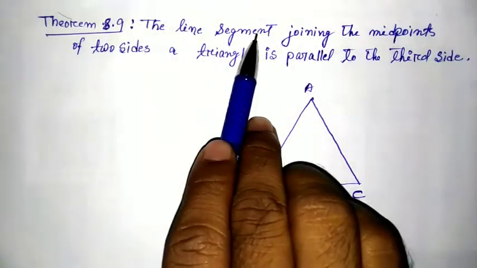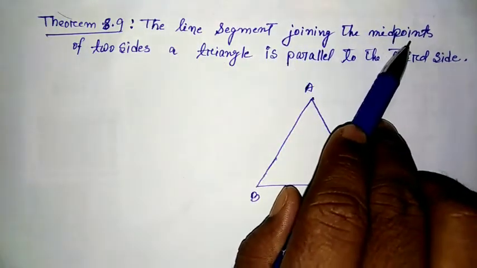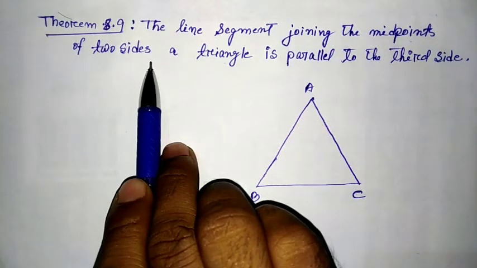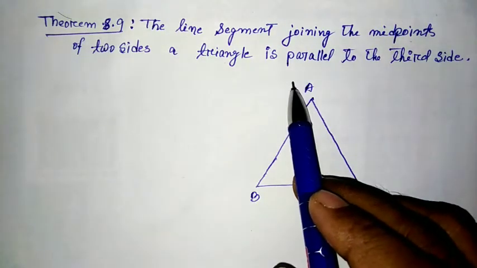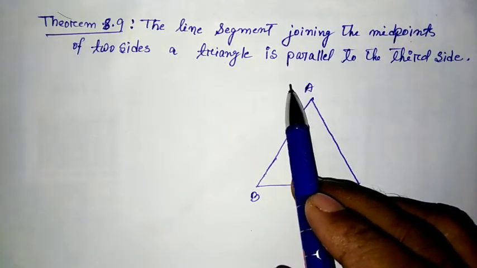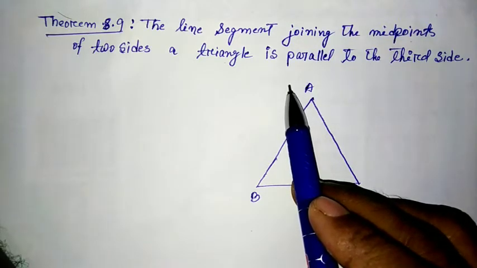The line segment joining the midpoints of two sides means that in a triangle, the line segment joining the midpoints of any two sides will be parallel to the third side.